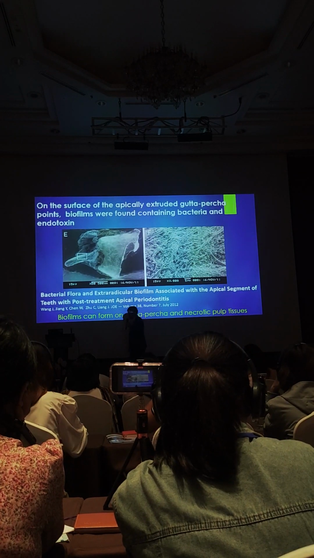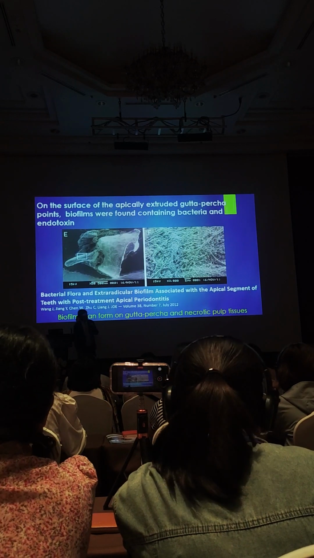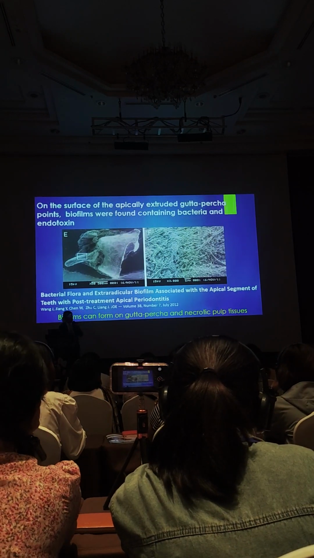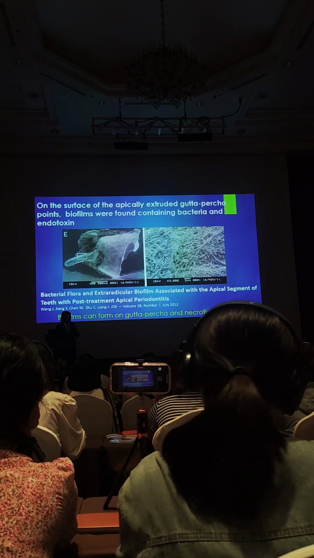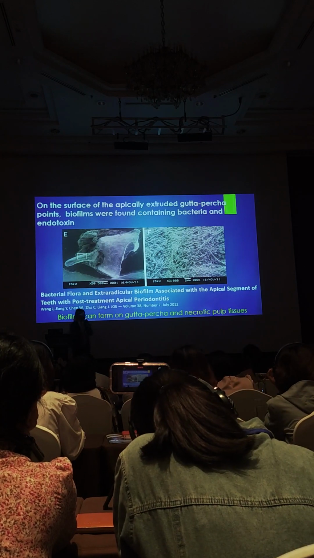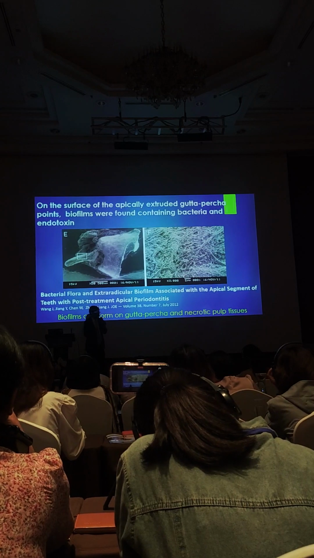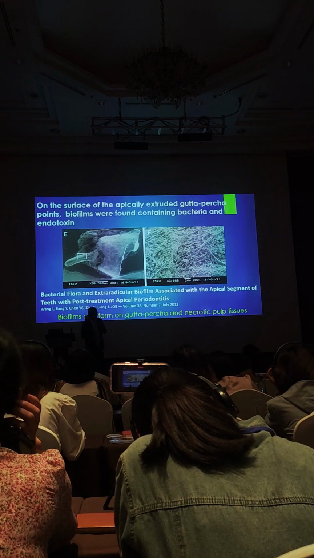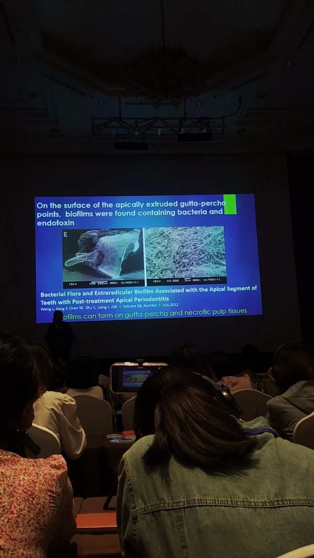So it's no good to use gutta-percha and the sealer in retreatment cases because bacteria love being on the gutta-percha and also necrotic pulp tissues. So if you use gutta-percha and the sealers, it's like you are feeding bacteria in retreatment cases. So it's no good to use gutta-percha and the sealer.